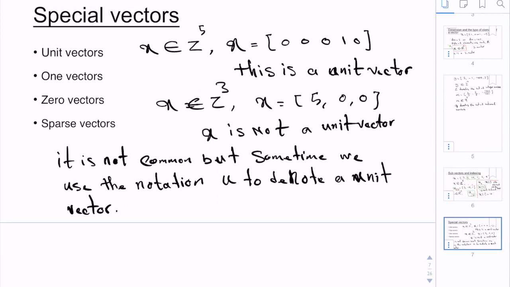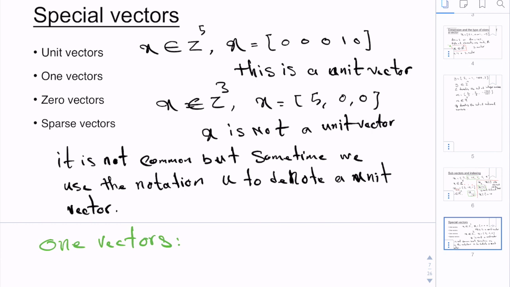So the next type of vectors are one vectors. So what is a one vector? A one vector is a vector whose elements are all 1. The name implies what type of vector it is.